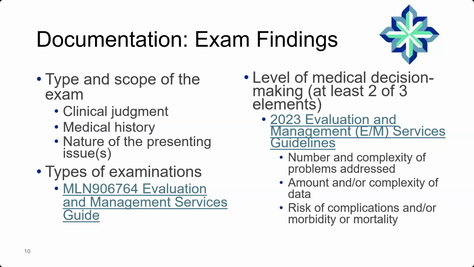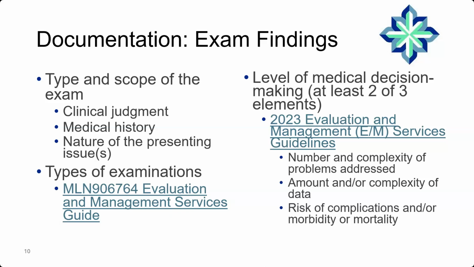Depending on the patient's condition, the exam may involve multiple body systems or focus on a specific area. The type and scope of the exam are determined by clinical judgment, the patient's medical history, and the nature of the presenting issues. The type of examinations and their descriptions can be found in MLN 906-764, Evaluation and Management Services Guide on the CMS website.